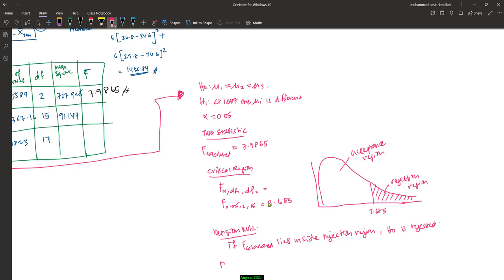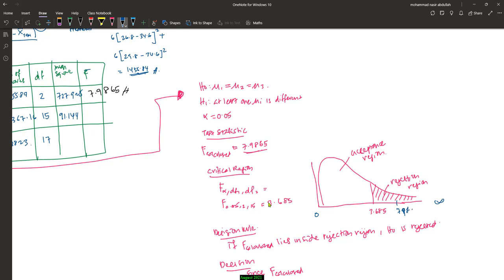So our decision here, since F calculated is 7.89, it should be somewhere here. This is from 0 to infinity. So 7.89, right?